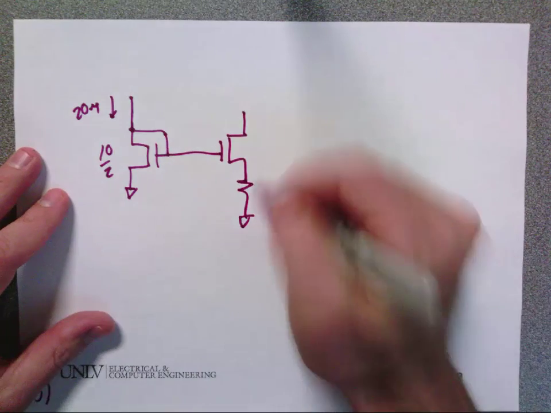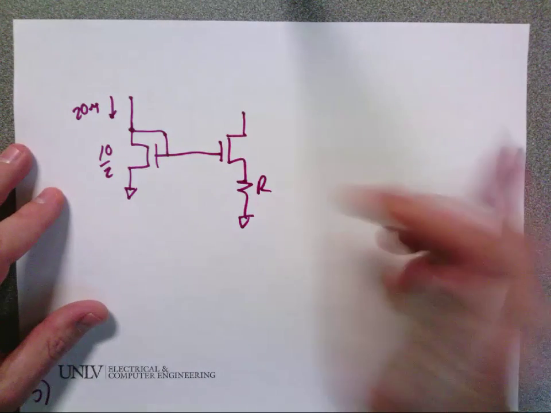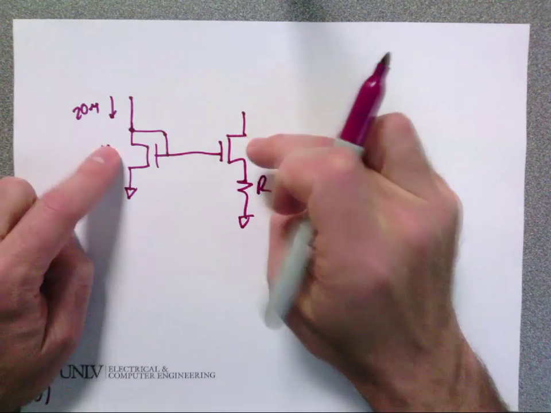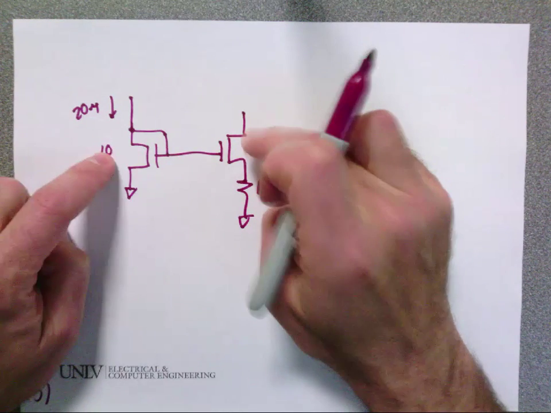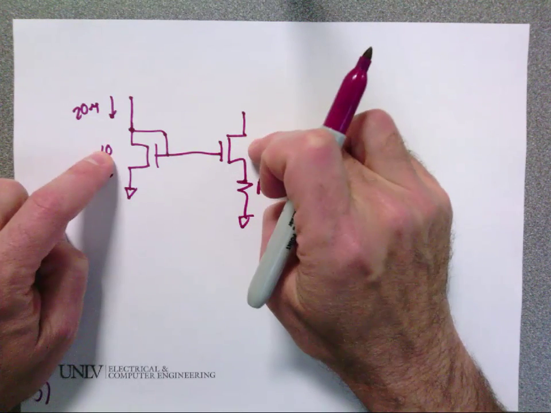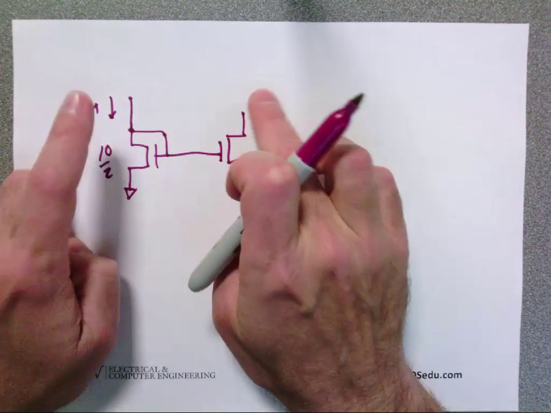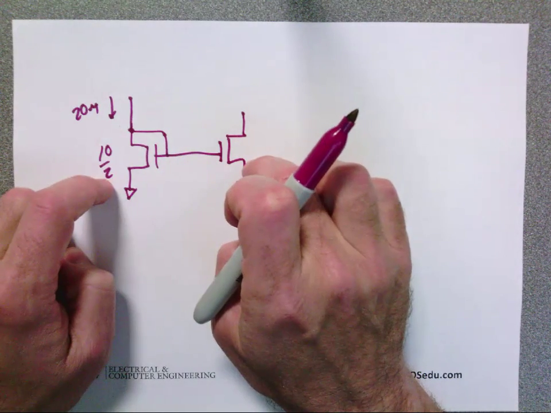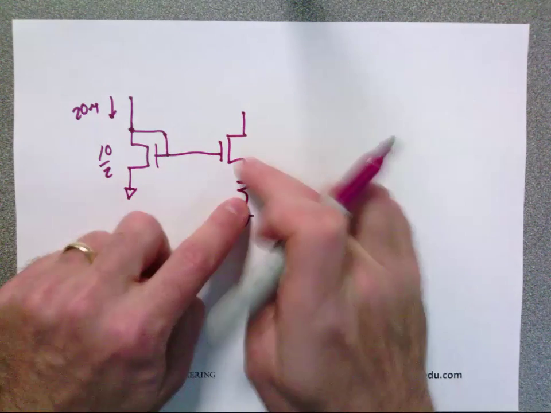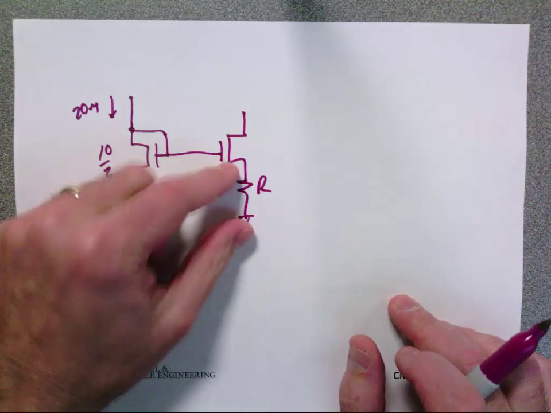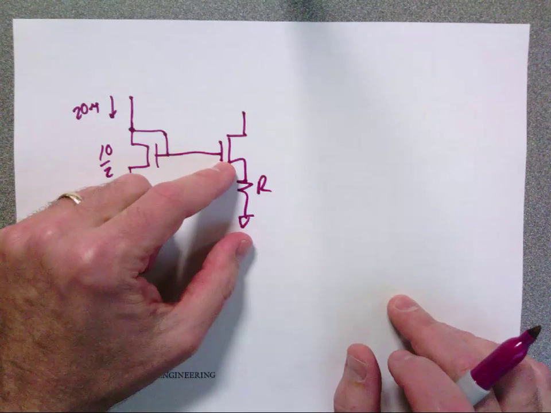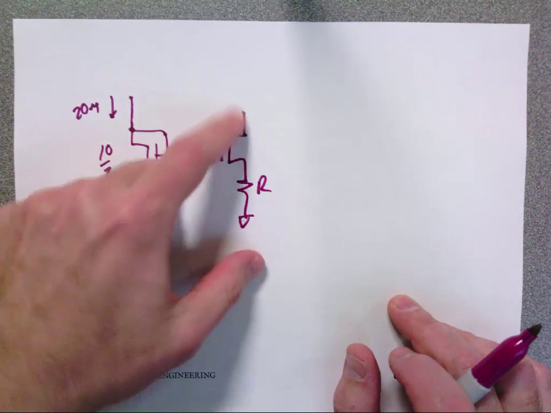The problem is, this is a current mirror, but if I make these two sizes the same, then the VGSs would have to be the same if I have the same currents flowing through each side, correct? Well, if they have the same VGSs, what's left to drop across the resistor? Nothing, right? So you don't get any current flowing in there.